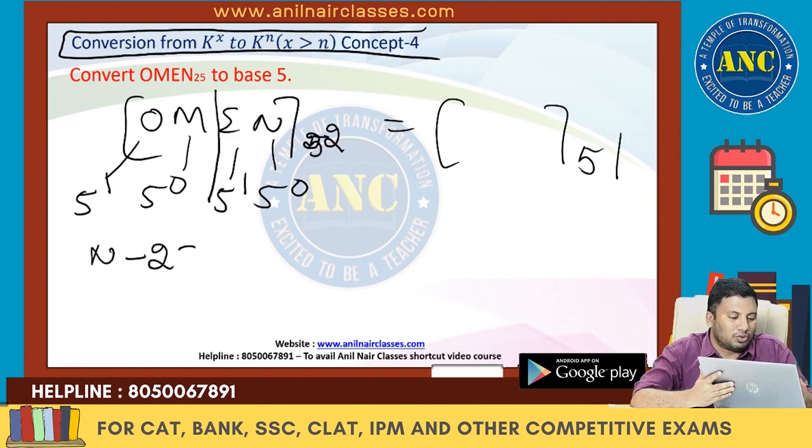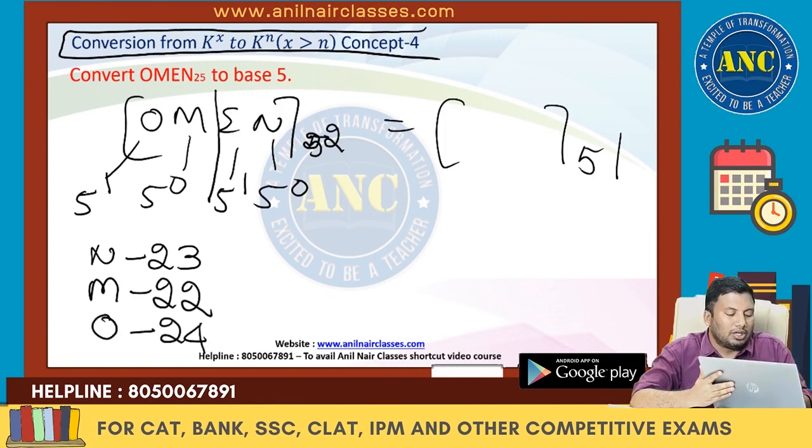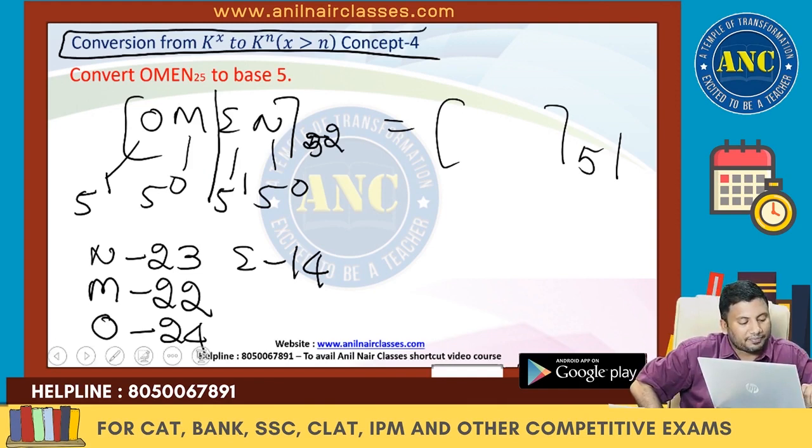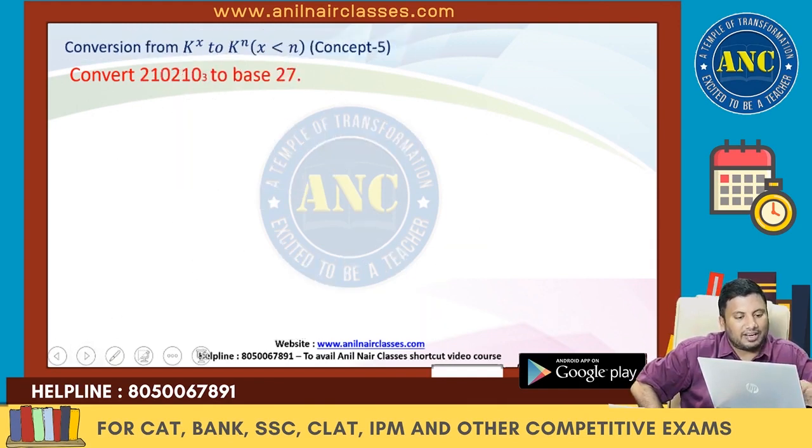N is 2, 3. M is 2, 2. K, L, M, N, O. O is 2, 4. A is 1, 0. B is 1, 1. C is 1, 2. D is 1, 3. E is 1, 4. Solve the equation. I hope you got the idea, right? These are all very, very easy questions.